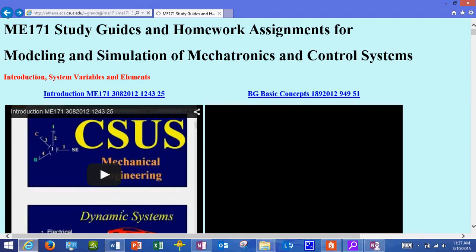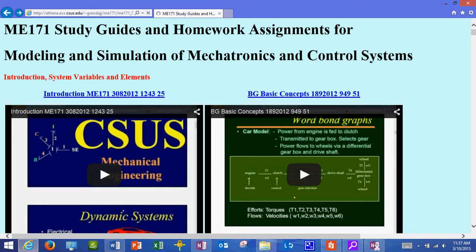Let's just go to the links of the class lectures, because that way you'll be able to get on to the tutorial that I have for this lab. Takes a little while to load the web page, huh?